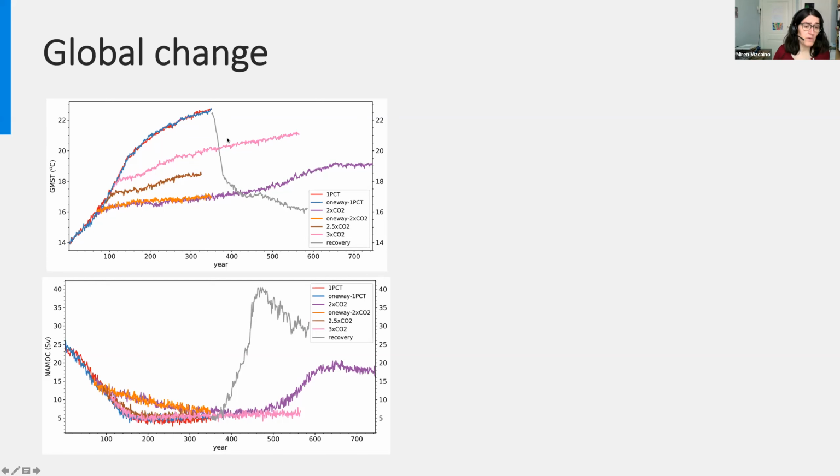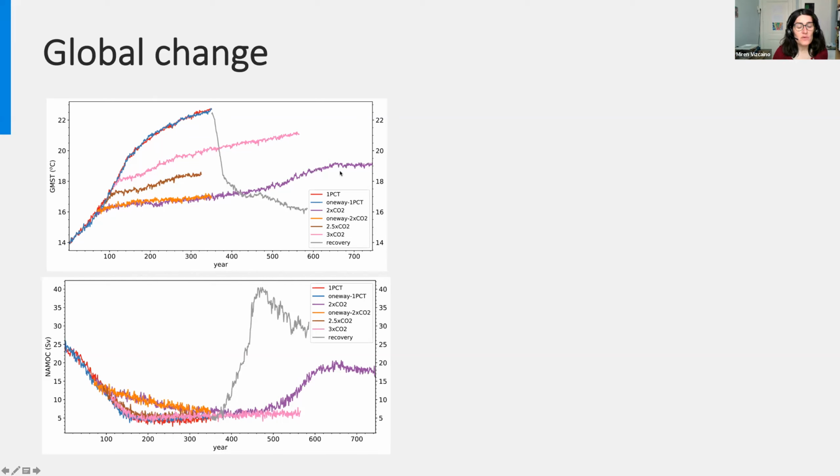And this is for 2.5, the evolution of global mean temperature. These are years. From year 500, the ice sheet model has a different clock. These are climate years. And here we have 2 times CO2.